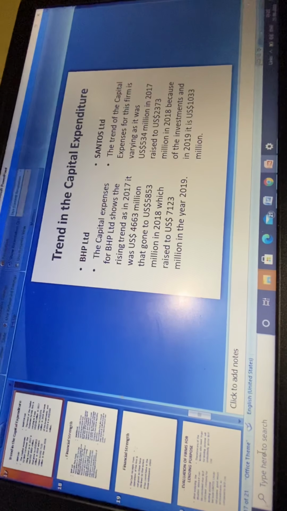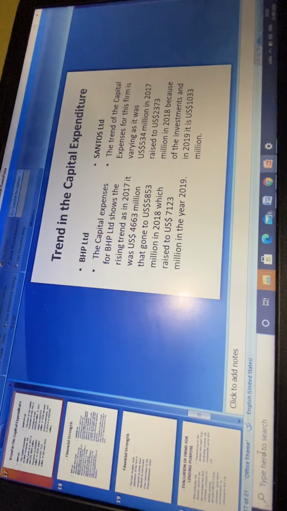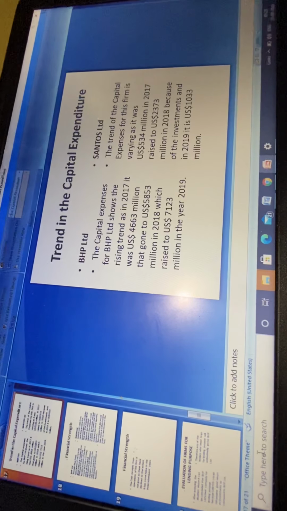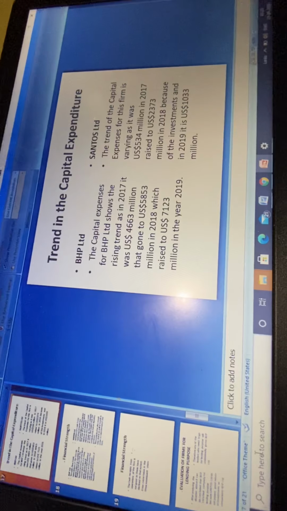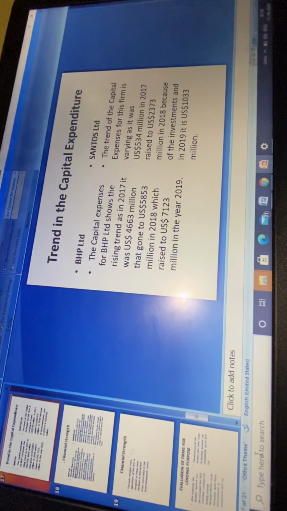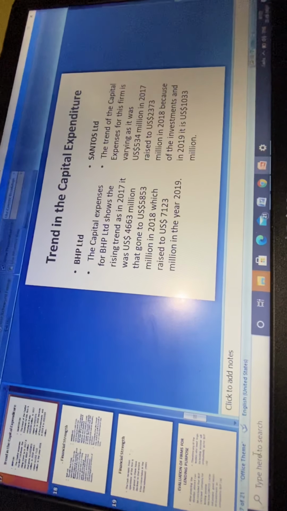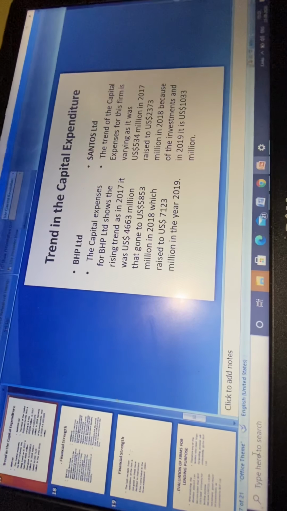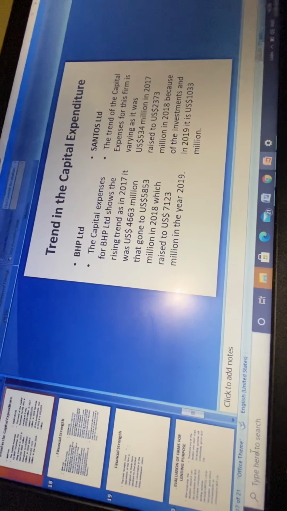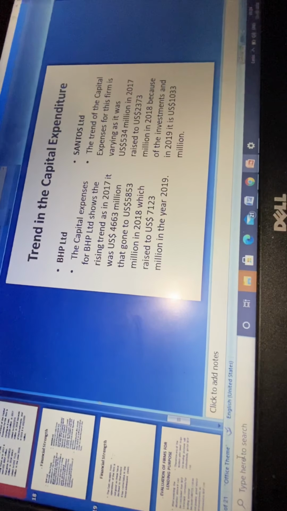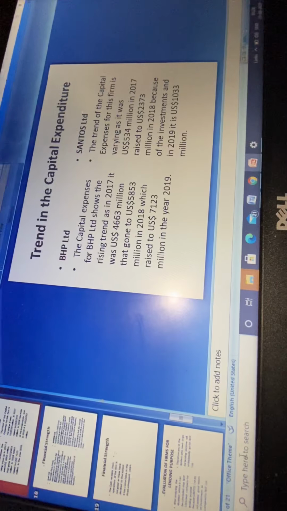But for Santos Limited, the trend of capital expenses varied year to year: in 2017 it was US$534 million, which rose to US$2373 million in 2018 because of the investments, and in 2019 it came down again to US$1033 million.